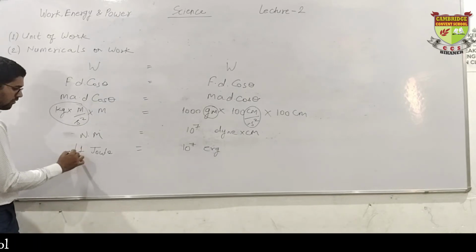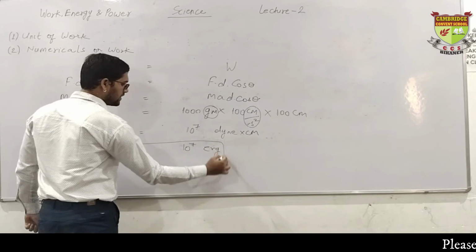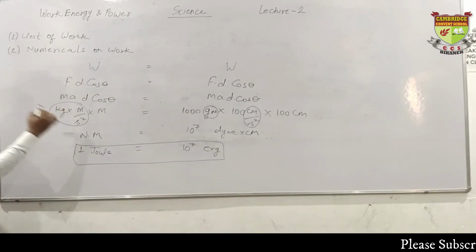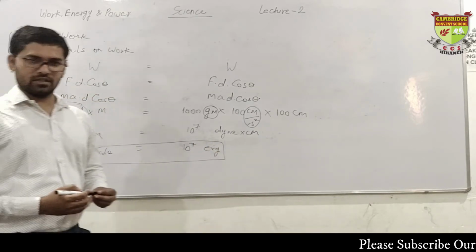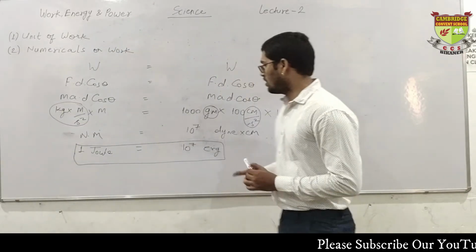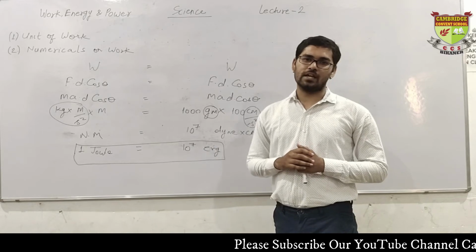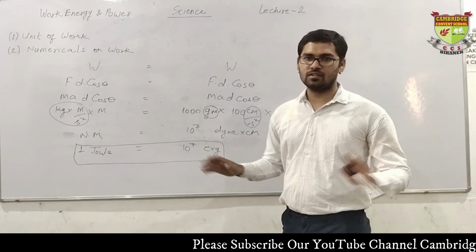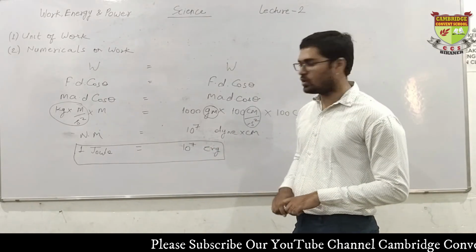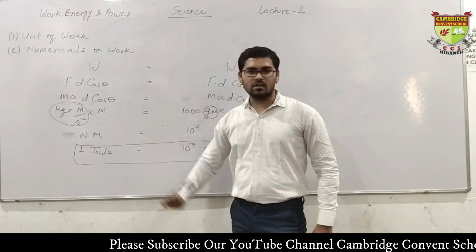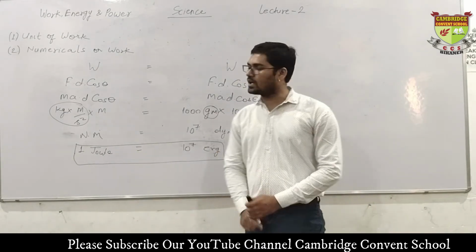That means 1 joule is always equal to 10 raised to power 7 erg. Clear or not? 1 joule is always equal to 10 raised to power 7 erg. Fine. This is how we calculate erg when we are given joule.